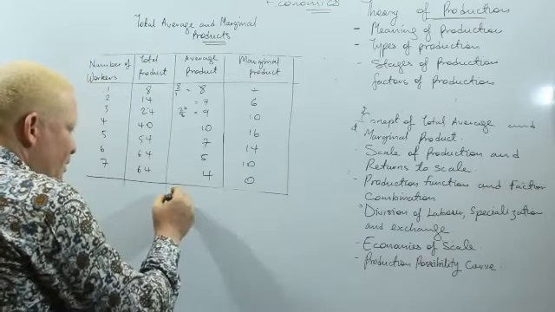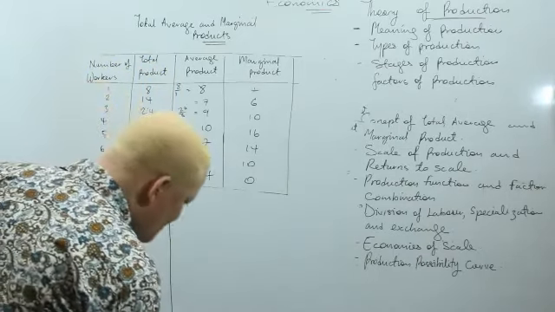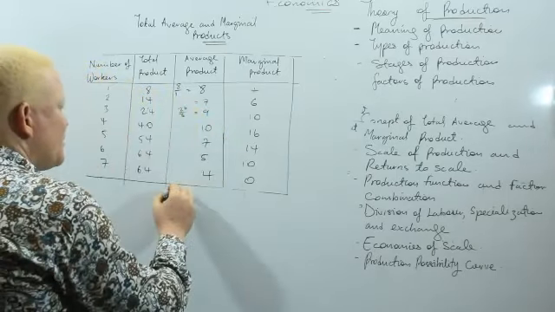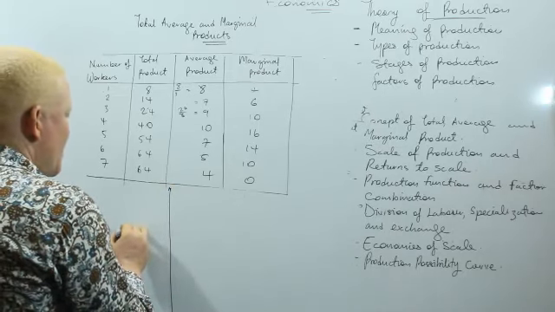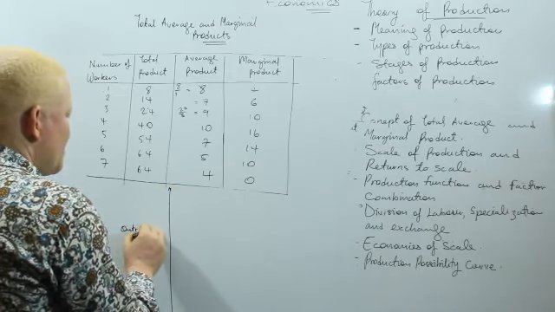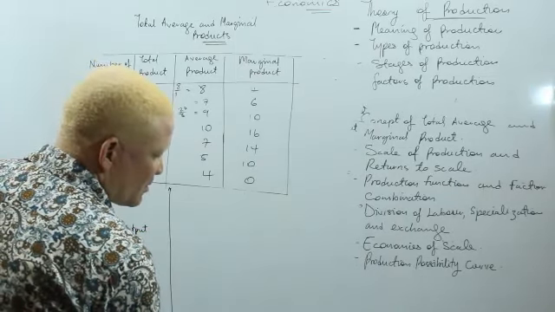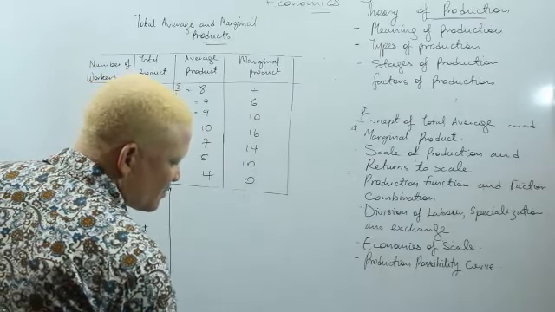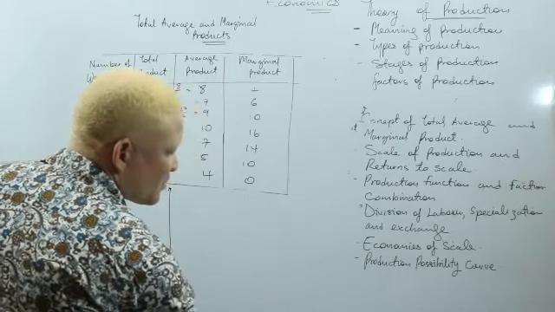Having something like that, here would be the output, and here will be the number of workers, which is the input.